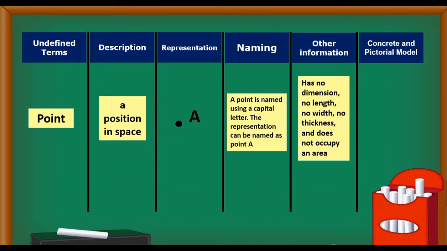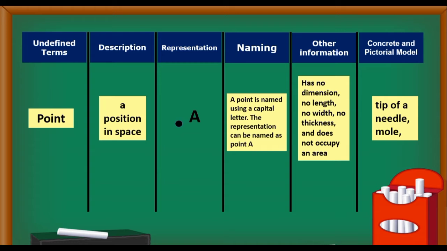So, paano natin ipapakita gamit yung concrete? Paano natin napapansin, nakikita sa mga bagay-bagay? One good example is a tip of a needle. Ma'am, ano po yung tip of a needle? Di ba yung karayom, yung pinakatusok ng karayom? Pwede rin po yung tip of a ballpen, yung tusok ng ballpen.